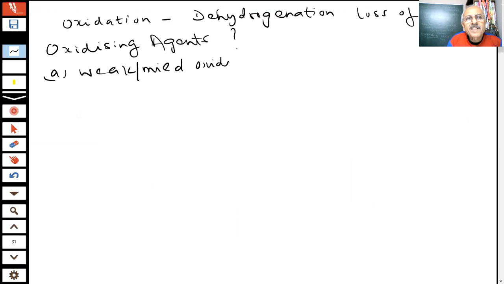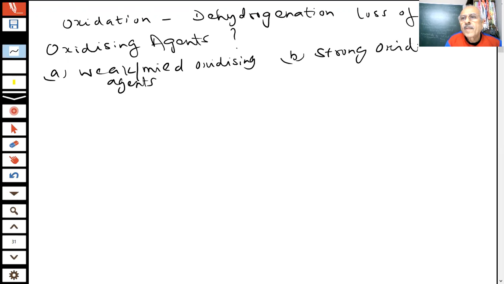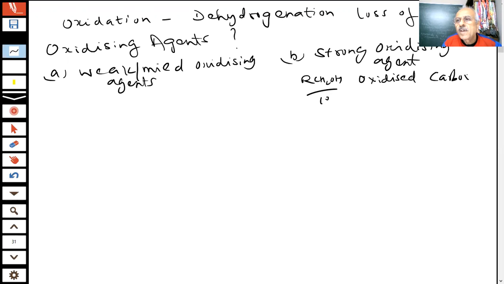mild oxidizing agents. And there can be strong oxidizing agents. So strong oxidizing agents will be, then alcohols, you know, RCH2OH primary 1 degree will be oxidized to carboxylic acids.